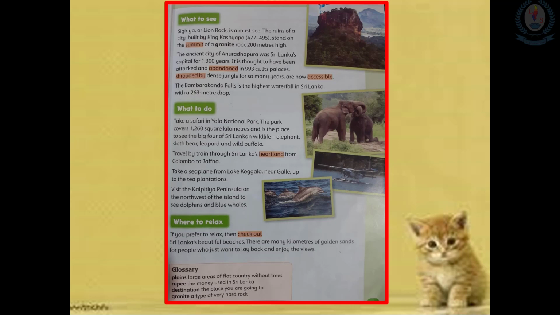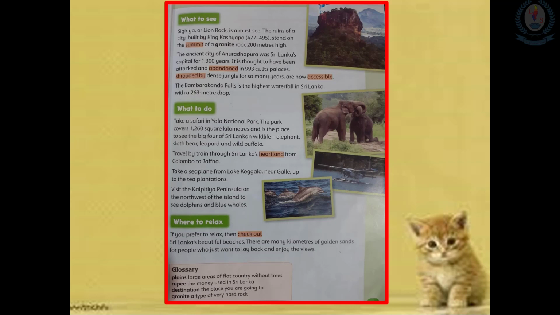Then where to relax? Next one, the last passage. If you prefer to relax, then check out Sri Lanka's beautiful beaches. There are many kilometers of golden sands for people who want to lay back and enjoy the views. It means if you want to relax, the best place to select is the sea beaches because you can see beautiful scenery there.